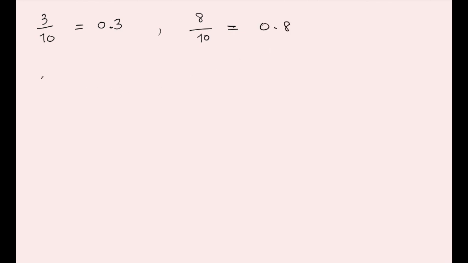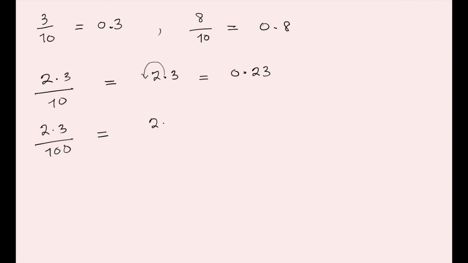What if we have a situation where we have 2.3 over 10? It's the same thing. We have our 2.3. We'll move our decimal point 1 place to the left. And so this is going to be 0.23. But what if we had 2.3 divided by 100, for example?